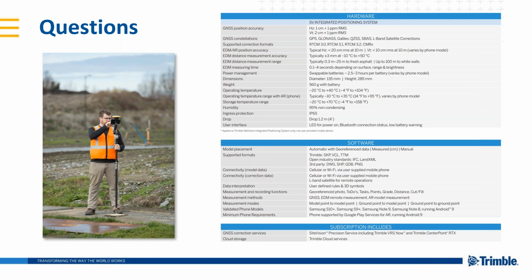But the model has to be delivered to the phone when you're online via Trimble Connect. You can't sideload a model and view it out in the field, because as the model is downloaded from Connect to the device, there's a little bit of processing that lets SiteVision work with the model.